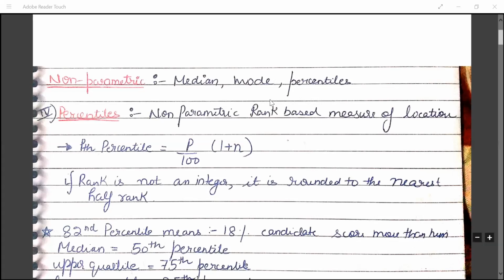Next, we will study the formula of percentile. The percentile formula is basically P by 100 into (1 plus N).